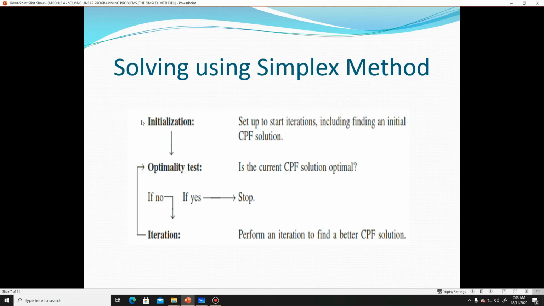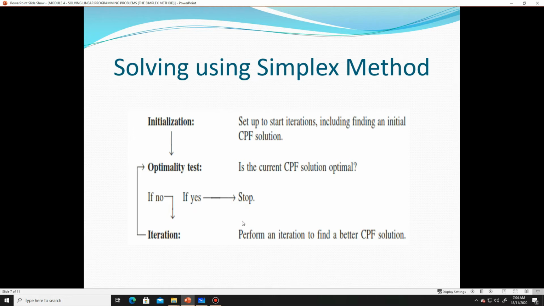Next, after initialization, we will do the optimality test. Is the current CPF solution optimal? If it is not yet optimal, we will do iterations. And then, if that table is optimal, we will stop.